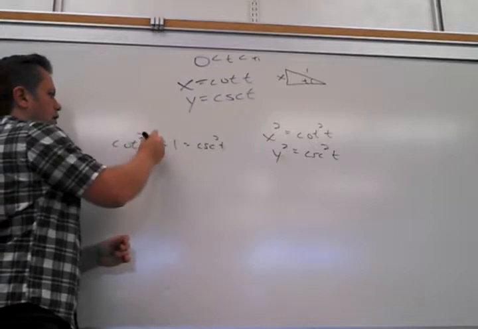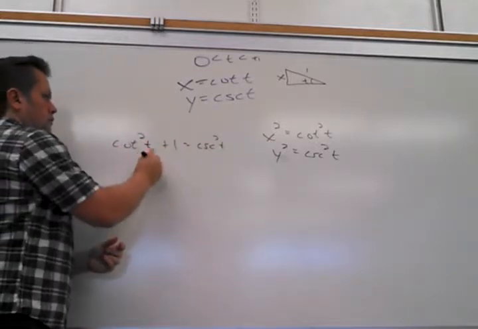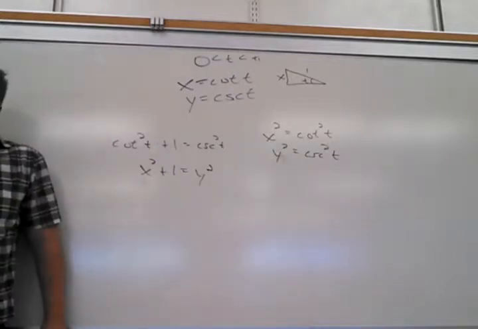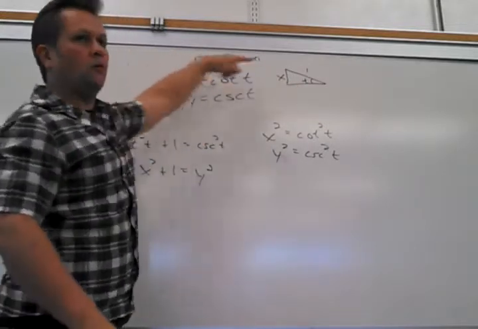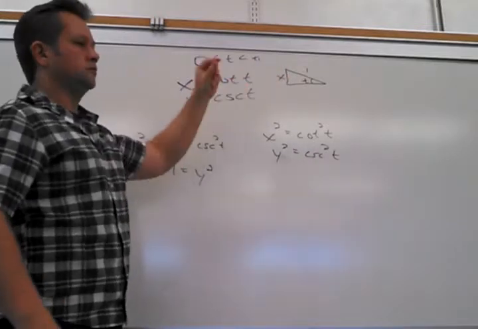Instead of t, put in place of this x squared, plus 1 equals y squared. Of course, if I kept going with this, if cosecant of t has to be y, where would y have to go?